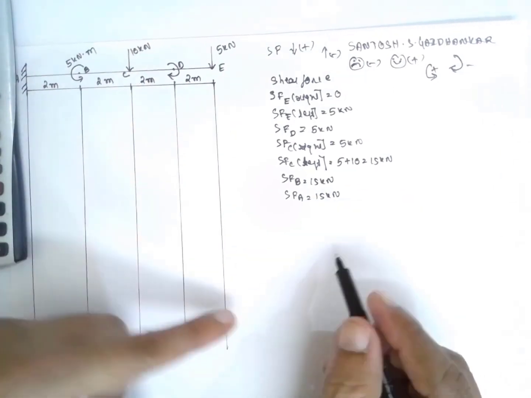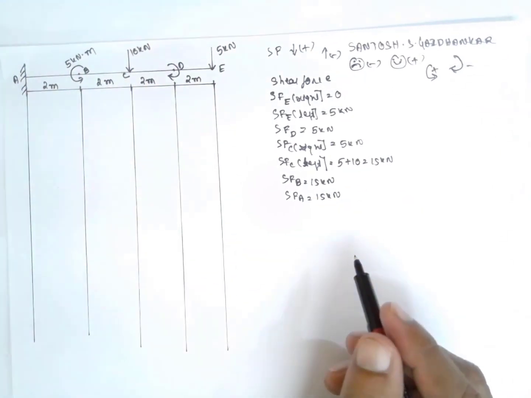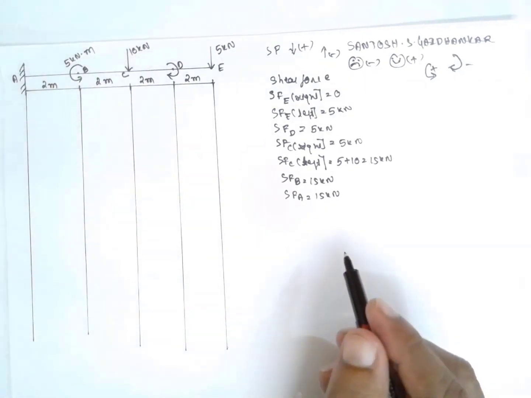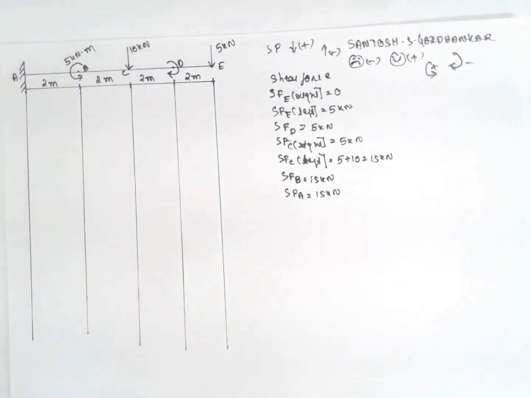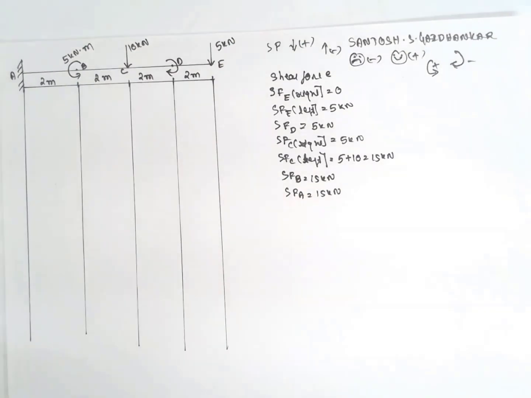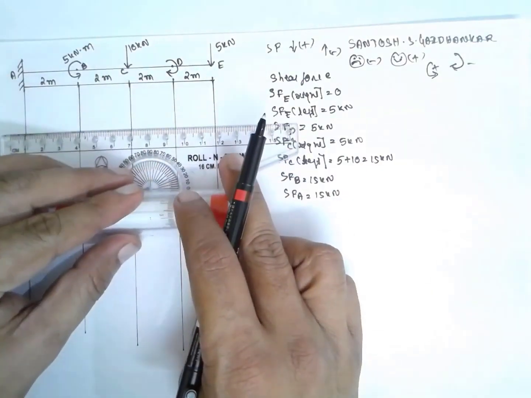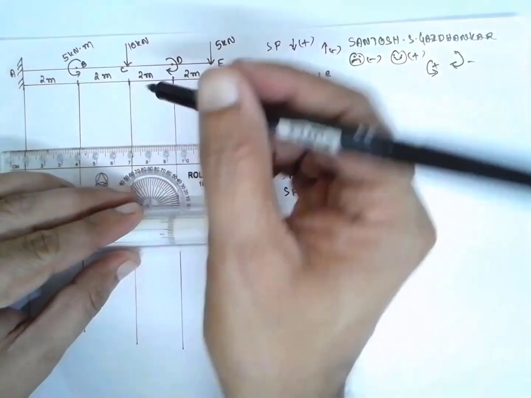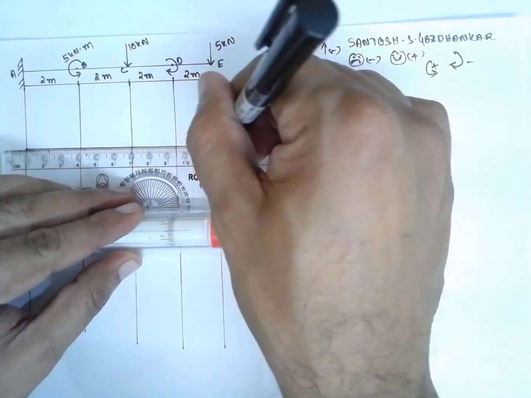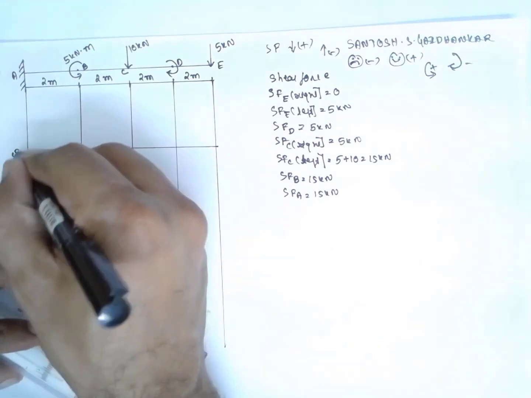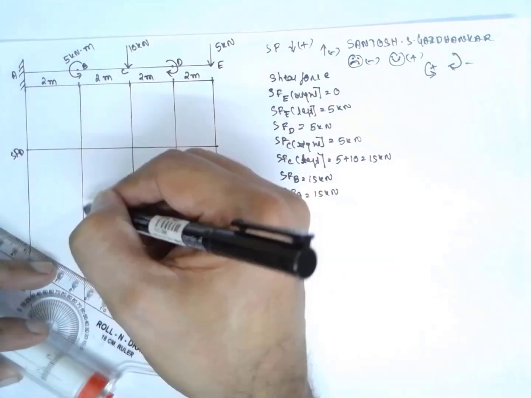Now I will draw the diagram. Shear force diagram. In the SFD, above will be positive and the bottom will be negative.